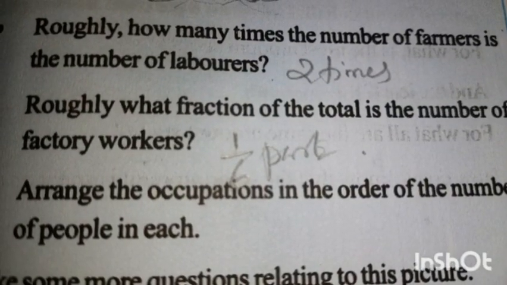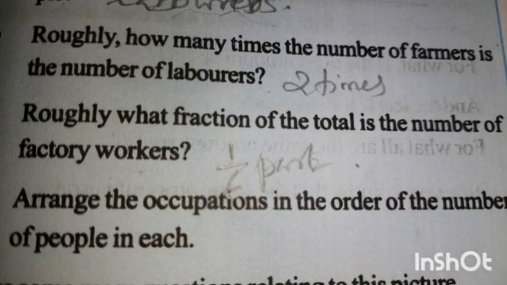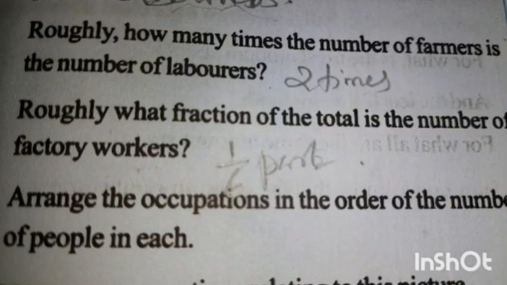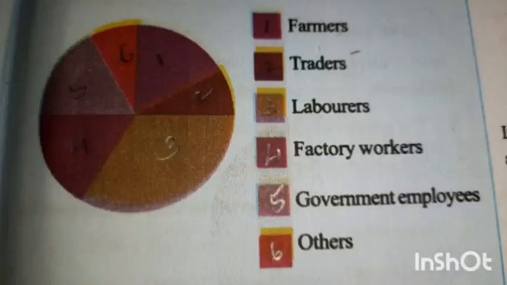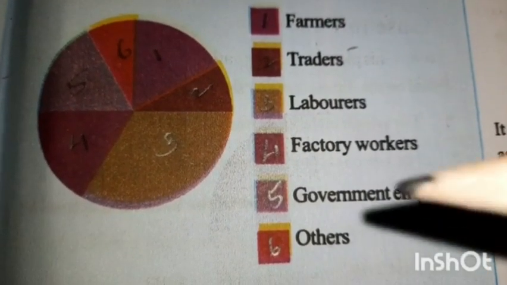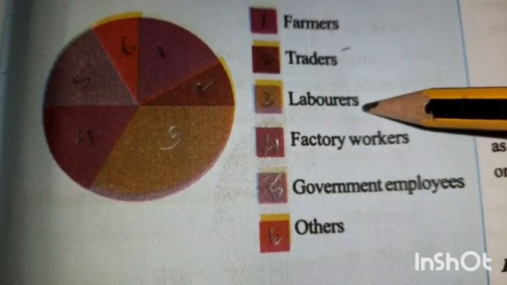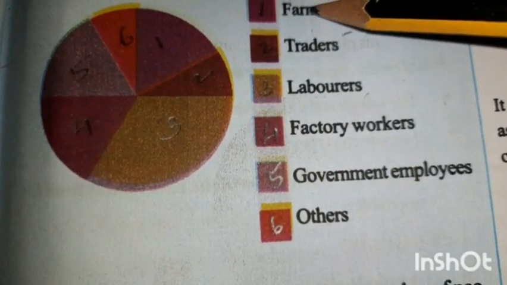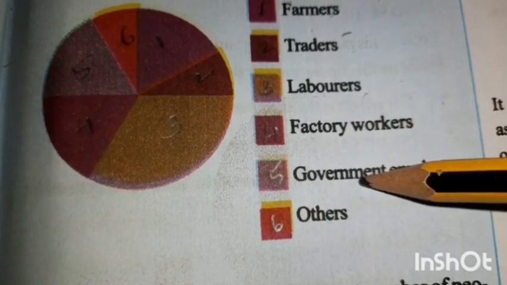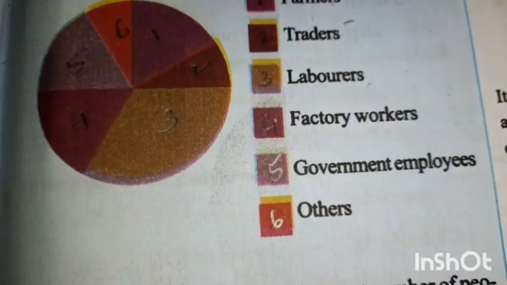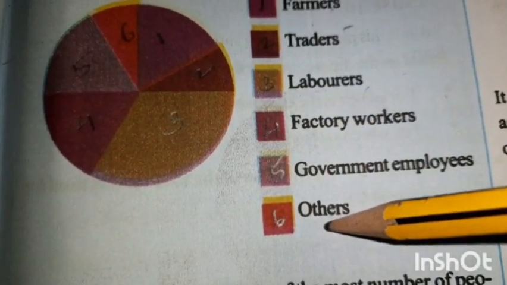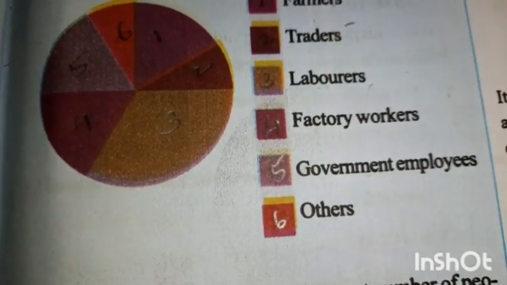Arrange the occupations in the order of the number of people in each. According to the number of people, you have to arrange their occupations. The largest number of people are laborers, so they have the first place. Then these 3, farmers, factory workers and government employees, are almost the same. Next are others and traders.